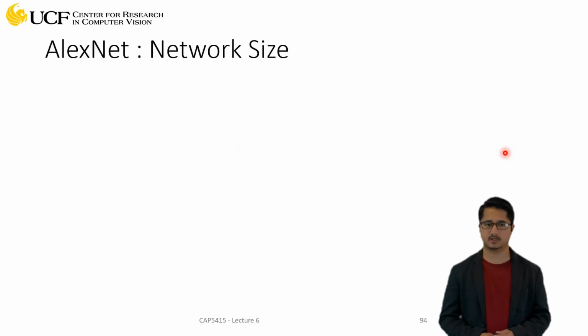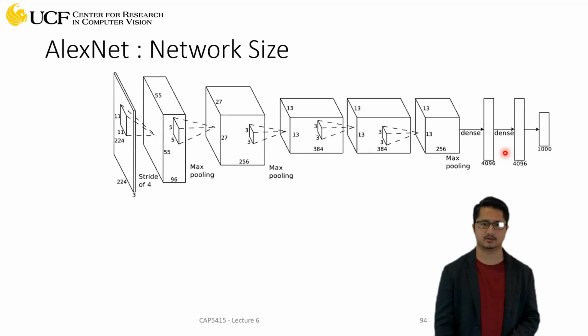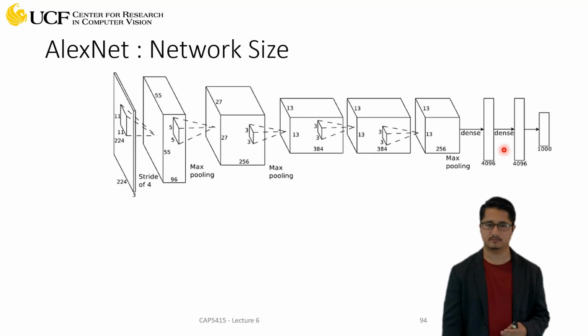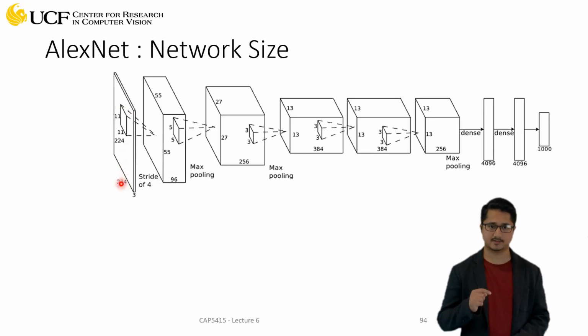The name of this network is AlexNet. And this is the architecture which you have already seen in the class. I think we discussed this when we were doing the introduction for CNNs. Let me quickly go through this. This is your input image, and the resolution is 224, 224. That's the X and Y of the image. And in fact, this is a typo.